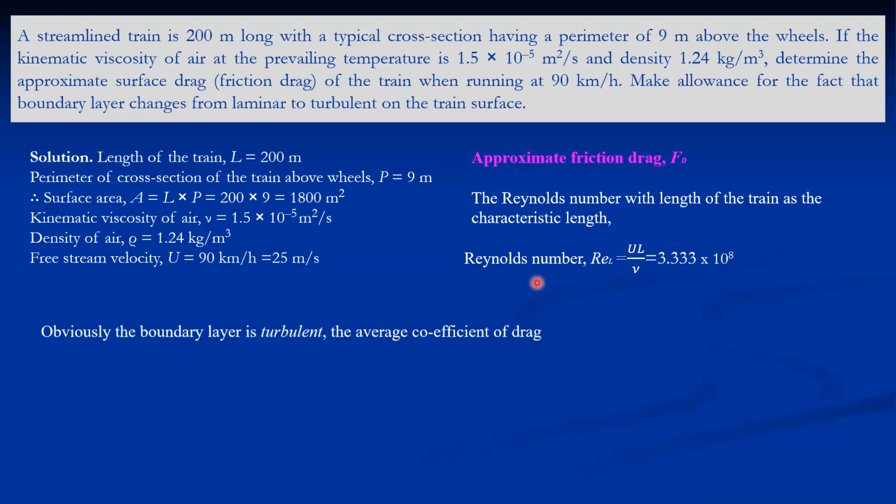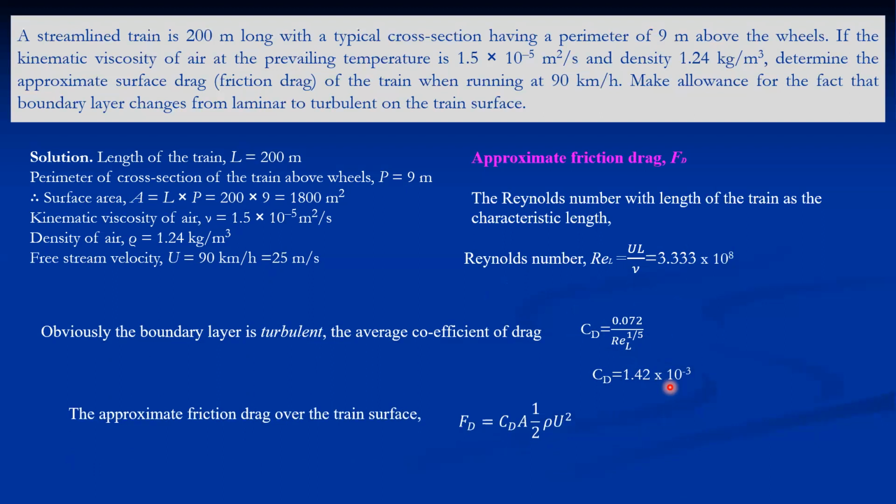Now we use the expression for CD, the average coefficient for turbulent flow, that is 0.072 ReL raised to 1 by 5. By putting in the value of the Reynolds number, we can calculate the CD value. Then use the approximate friction drag over the train surface, that is CD A 1/2 rho U squared. So we can calculate the drag. This is the frictional drag, FD, equal to 990.45 Newton. That is the answer.